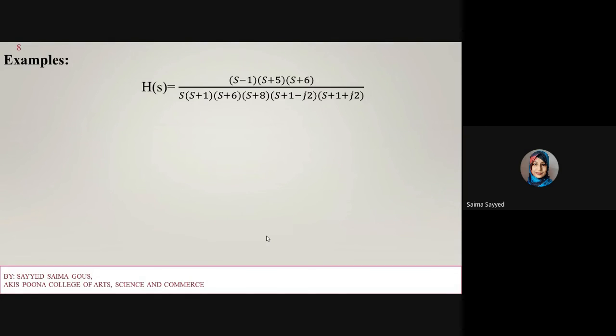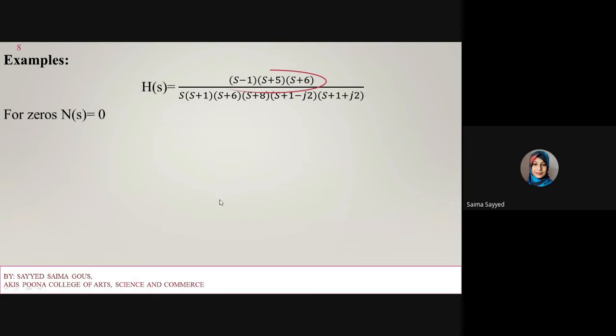Next example: H(s) = (s - 1)(s + 5)(s + 6) divided by s(s + 1)(s + 6)(s + 8)(s + 1 - j2)(s + 1 + j2). Now for zeros, we know that the numerator is equal to 0. So this is the numerator.